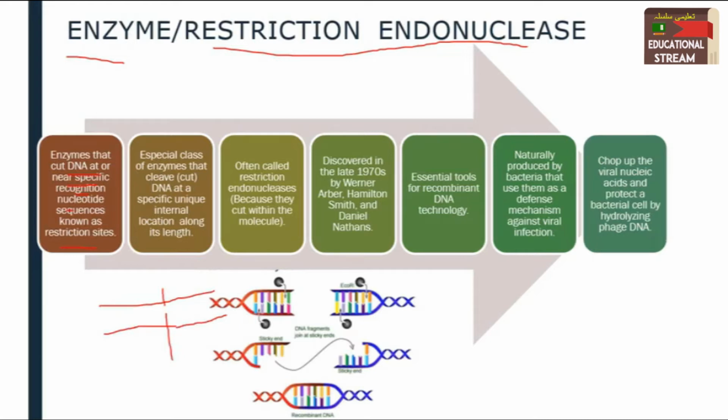Therefore, we call them endonucleases because they cut within the molecule. These restriction endonucleases were discovered in the late 1970s by Werner Arber, Hamilton Smith and Daniel Nathans when they were studying bacteria, because these enzymes have been isolated from bacteria and they provide protection to the bacteria.